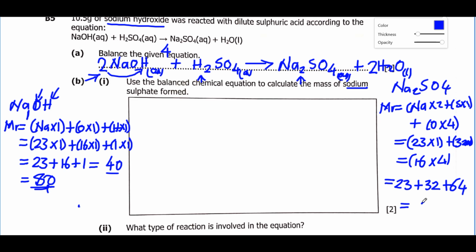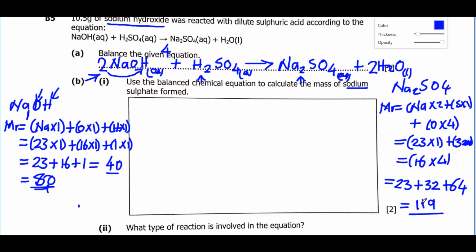So 64 plus 32 plus 23. According to my calculations, I'm getting 119.